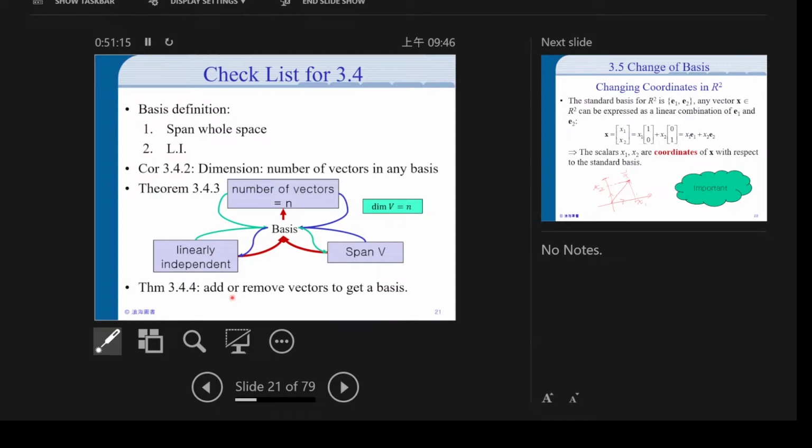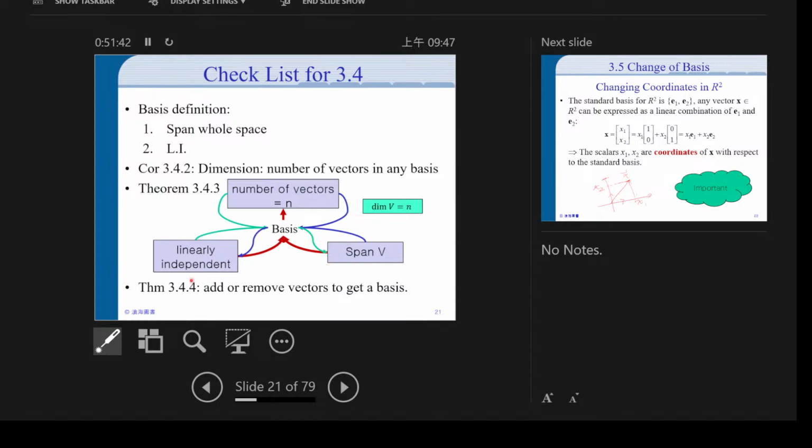So you have too many vectors and you span V, then you can keep removing vectors while still spanning V. Or if you are linearly independent but you have too few vectors, you can keep adding vectors while staying linearly independent until you span V.